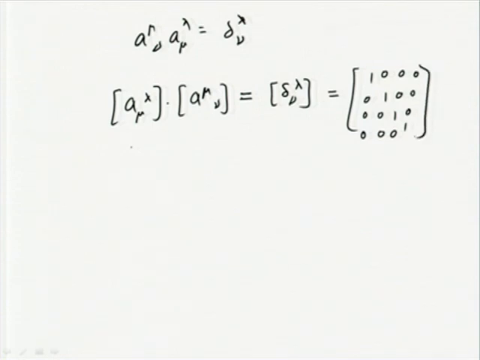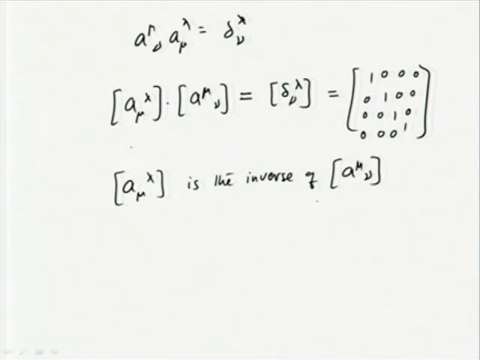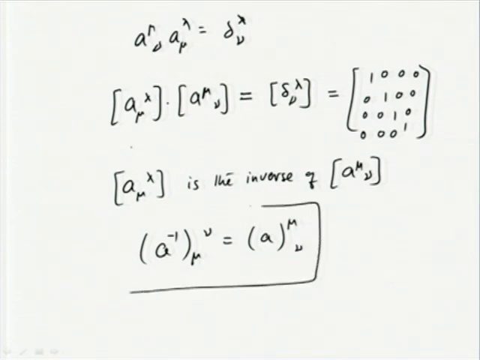So we can say that the a^μ_λ matrix is the inverse of the a_μν matrix, or in a proper way of writing it, the μν element of the inverse matrix A is the same as the μ upper index, ν lower index element of the matrix A. This is something which we will use to continue our discussion tomorrow.